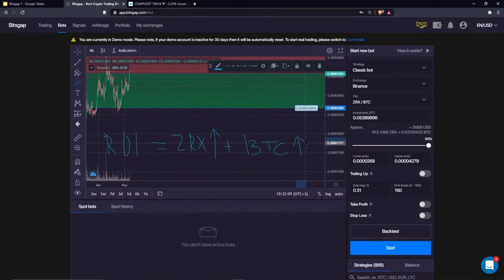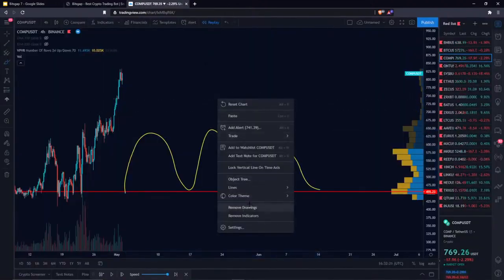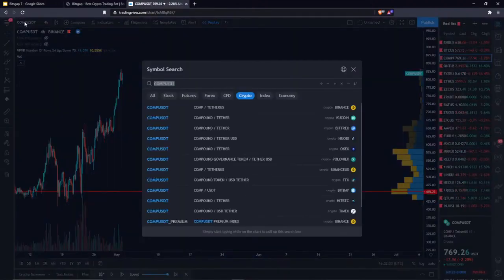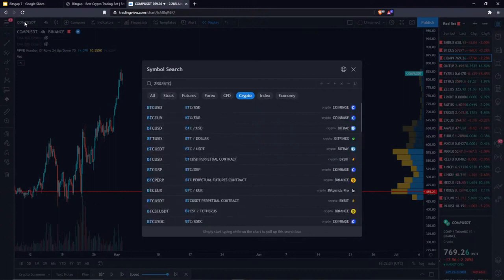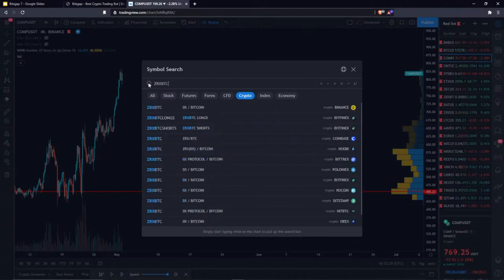So in that case, if both 0x appreciates relative to BTC, and also the value of BTC appreciates to USDT, and that's something that you can check on TradingView, by the way. So let's switch 0x BTC. Where is that? 0x. Oh, come on, BTC.